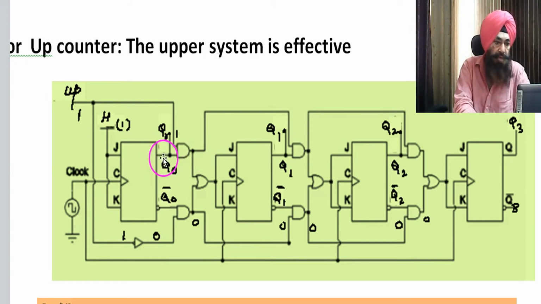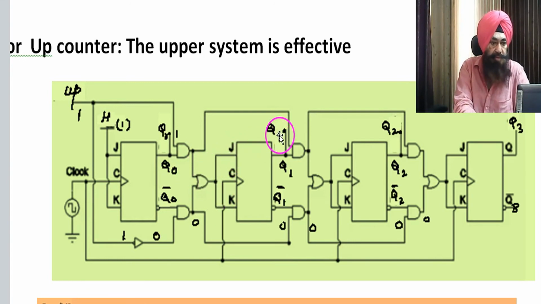If Q naught is also 1, if Q naught is high, this will be high. But at the same time, here it is low, so the output of this AND gate is low. The lower system is ineffective. So this one will pass if Q naught is high, and will pass through the OR gate also, and will be applied to the J K.